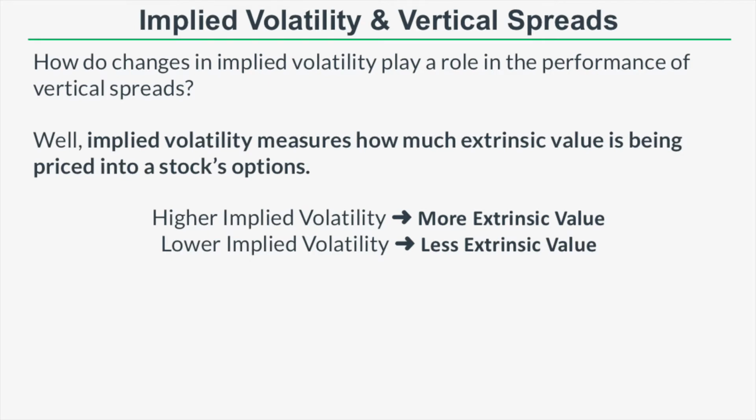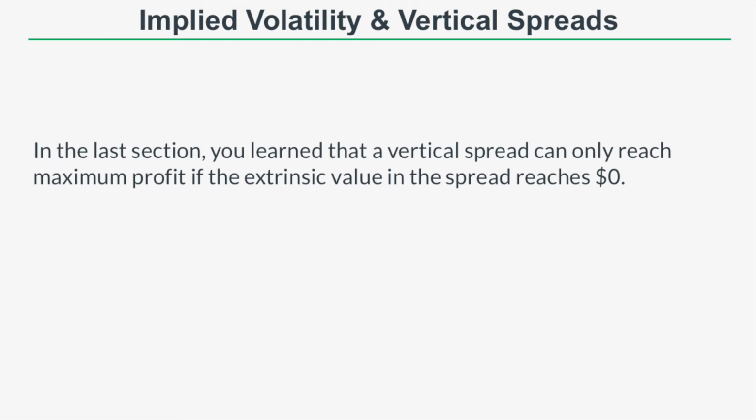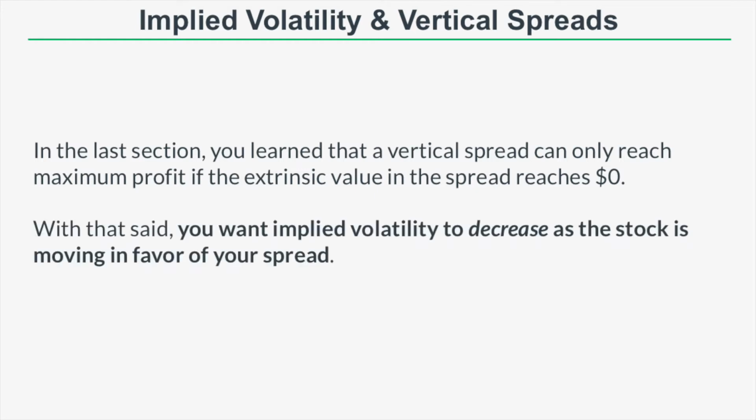Now, how does this relate to trading vertical spreads? Well, in the previous video, you learned that a vertical spread can only reach maximum profit if the extrinsic value in the spread reaches 0. Now, what does that mean? Well, that means that you want implied volatility to decrease as the stock is moving in favor of your spread. Now, that's because of the previous slide that we just talked about.